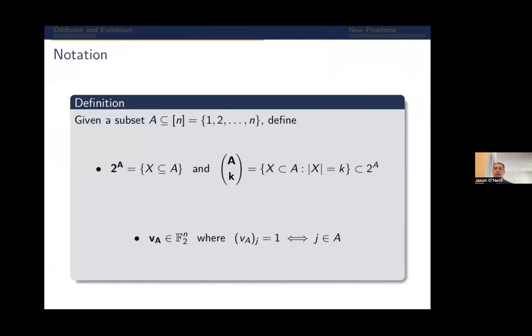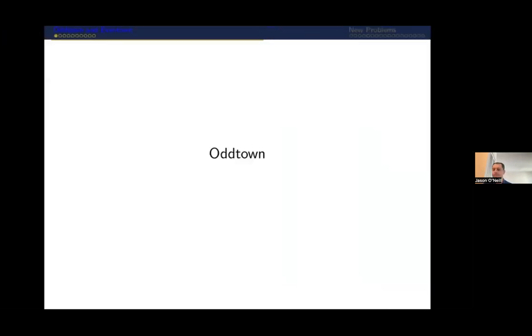More importantly, we can then use the structure from linear algebra to prove facts about the subsets of an n element set. So if you've seen this before, probably the first thing you saw was the oddtown theorem.